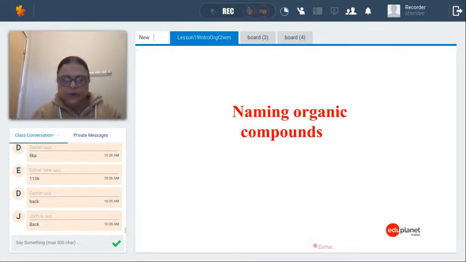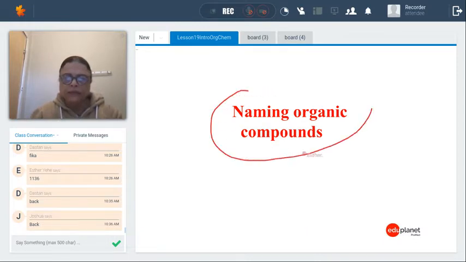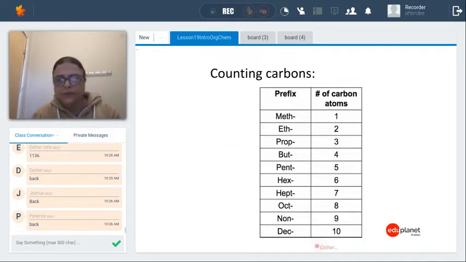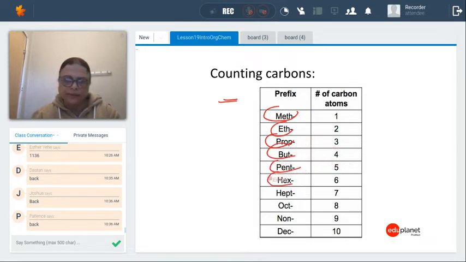Now we move on to naming organic compounds. Just to remind you, counting carbons: met 1, et 2, prop 3, but 4, pent 5, hex 6, hept 7, oct 8, non 9, dec 10. We need to be able to tell a person the name.